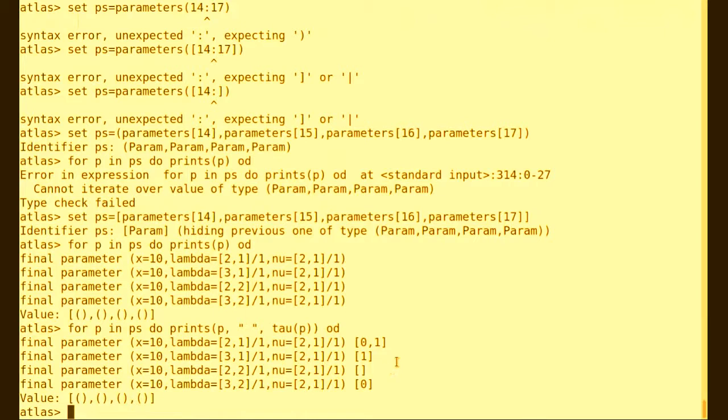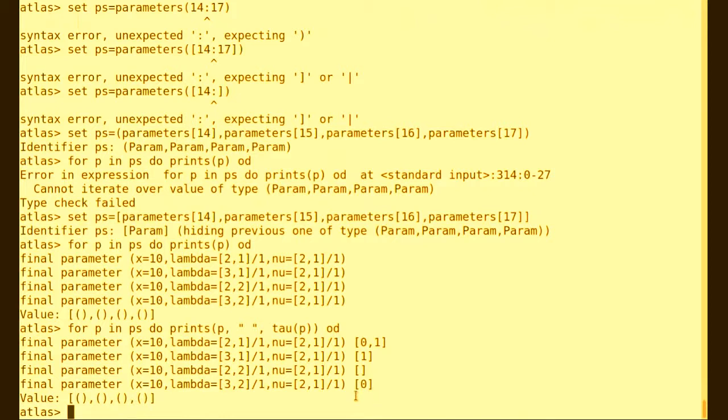And the tau invariant is more or less telling you exactly which these representations are. This one here where the tau invariant is both 0 and 1, that means that this representation has big tau invariant, which is to say that it's a small representation. In fact, this is the parameter for the trivial representation.